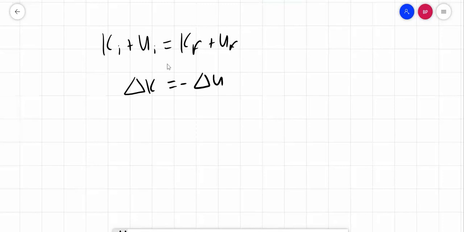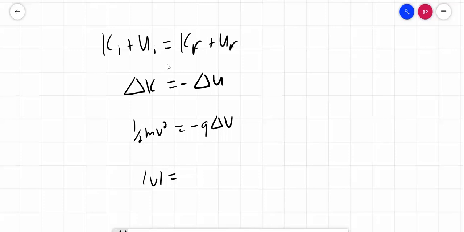All right, well, the change in the kinetic energy, we're interested in an electron that starts from rest. So we only have the final kinetic energy. This is equal to minus the change in the potential energy. So this is minus Q times delta V. So we want the speed, so we want the absolute value of the velocity.